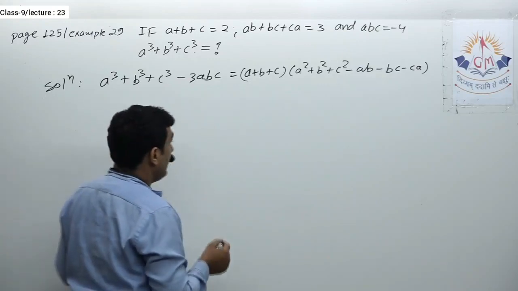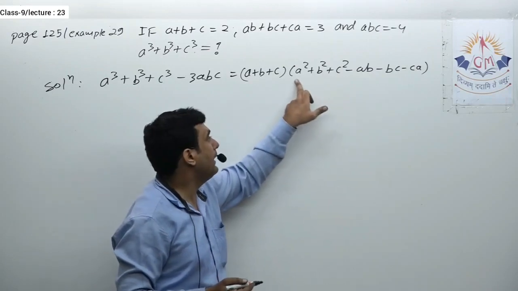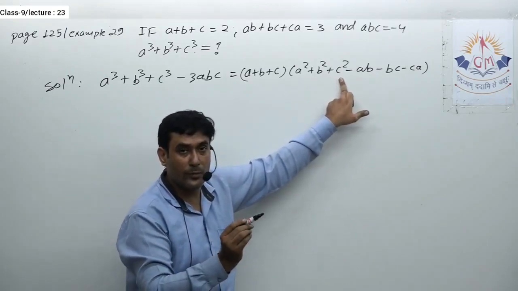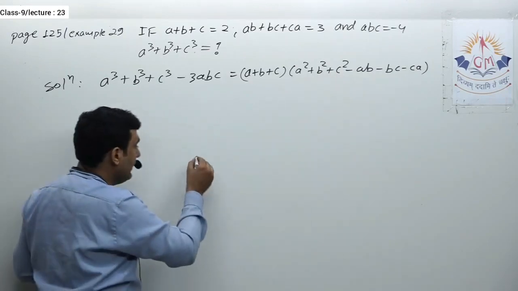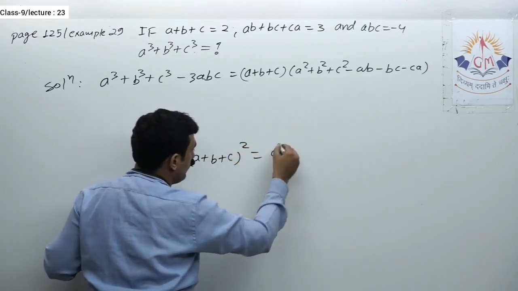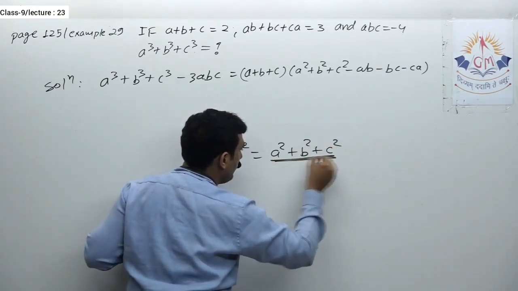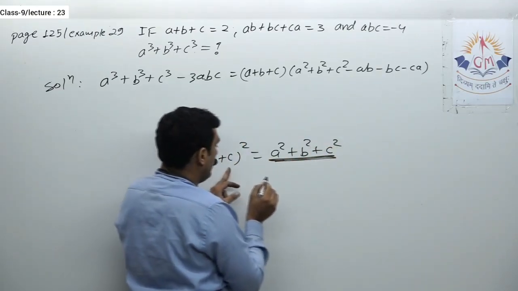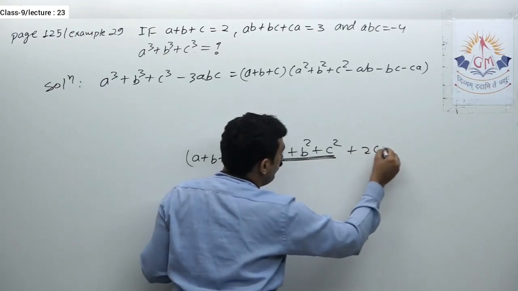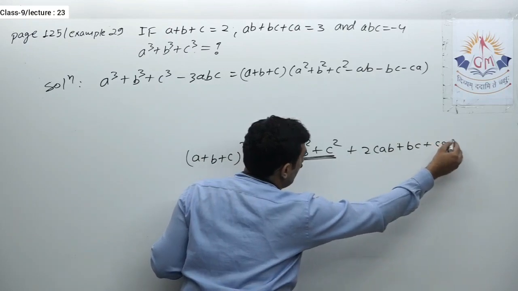Now the next thing that should come to your mind is where we get this particular expression a square plus b square plus c square. We get it in the expansion of a plus b plus c whole square, isn't it? We get a square plus b square plus c square plus 2ab plus 2bc plus 2ca.